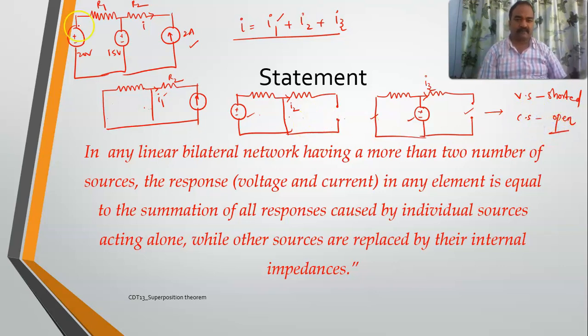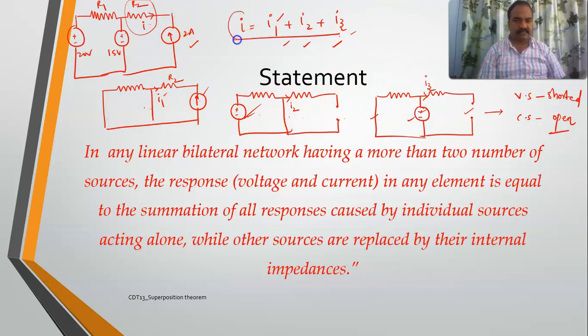So what you can say, in a linear circuit, the response in any element is equal to the algebraic sum of the responses when the sources are acting individually. I1 is the response when this source is acting individually, I2 when this source is acting individually, I3 when this source is acting individually.